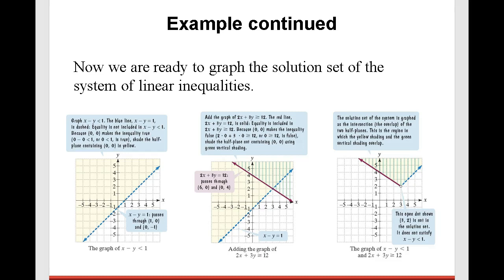Now for the first one, the inequality was x minus y less than 1. Because this is a strict inequality, you expect an open half plane. So we exclude the boundary line, and you show that you exclude it by using a dashed line.